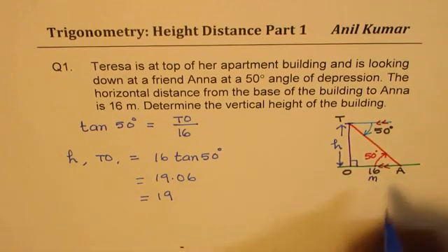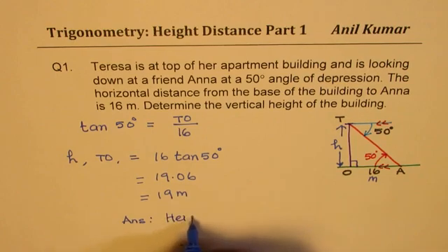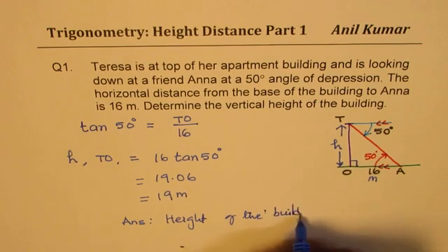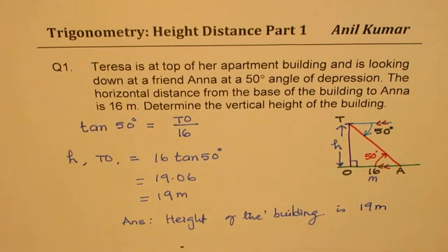This distance is given in meters and therefore it is 19 meters. And the answer should be written as height of the building. The building is 19 meters. Now all these are very important steps, correct, whenever you are solving such questions.